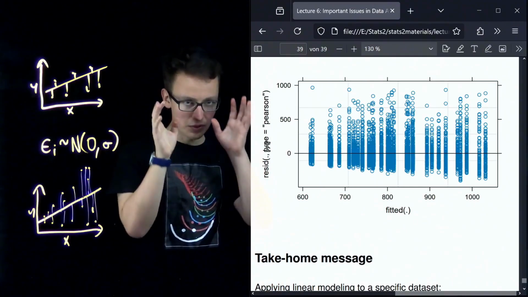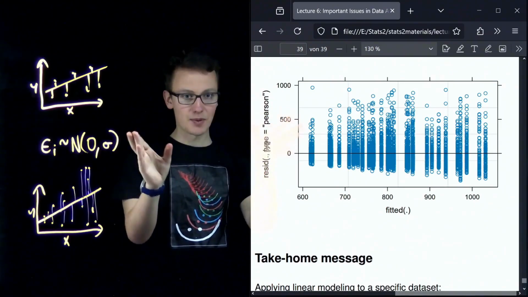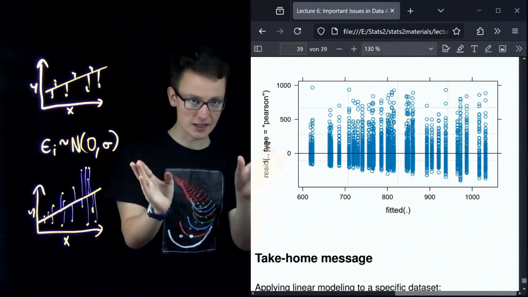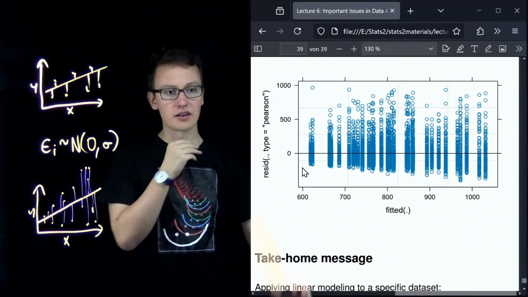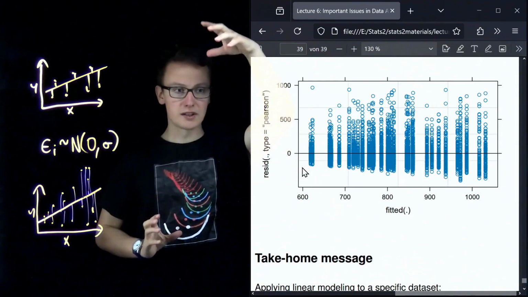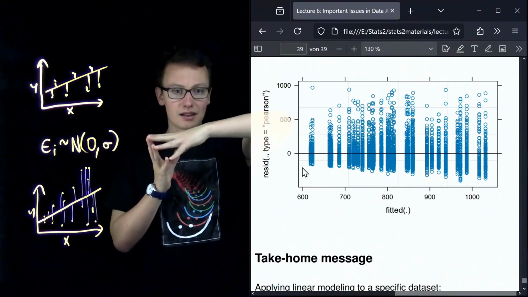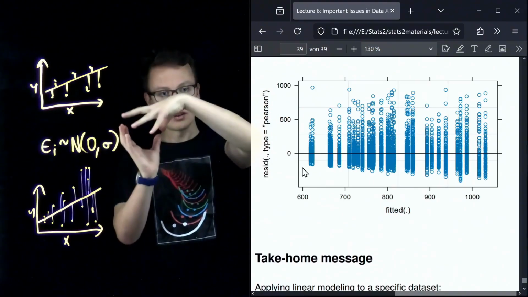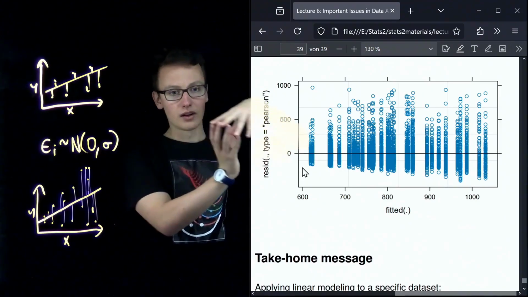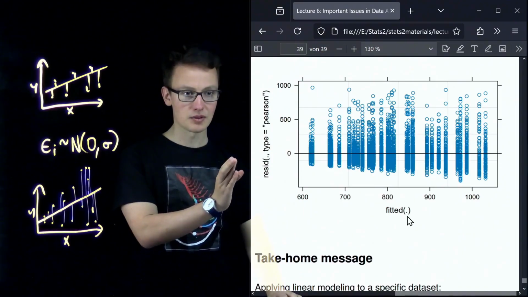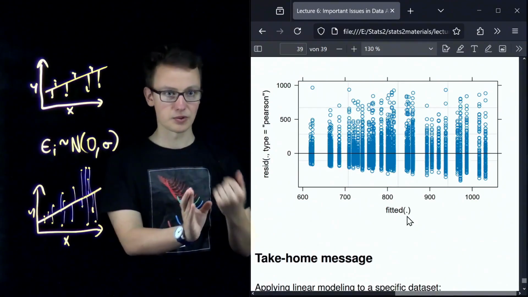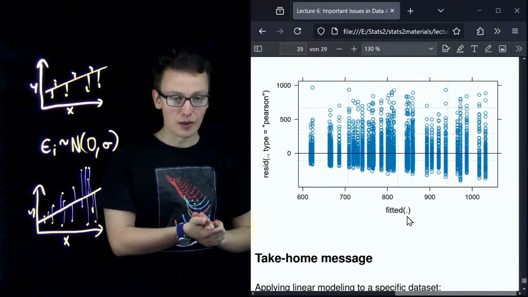Now the way to look at this plot and understand it with regard to homoscedasticity is the following. If we would see that the spread of residuals is larger or thinner depending on the magnitude of the predicted y values, which is related to our predictors, of course, then we would have a problem.